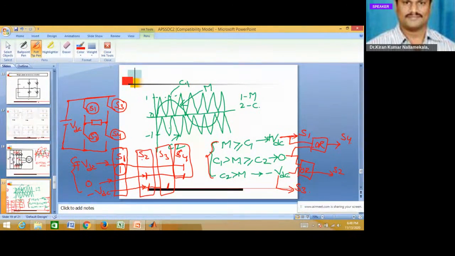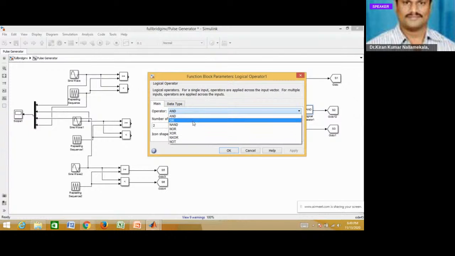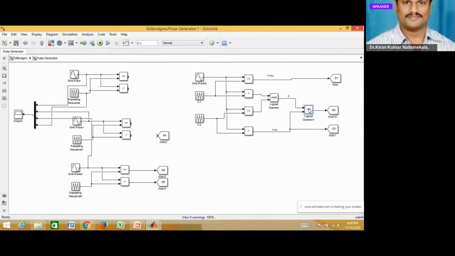Plus VDC and also the zero voltage level. Both are given to S4. This is an OR gate, since in both the cases it should be operated. So for S4 we are giving plus VDC and 0.